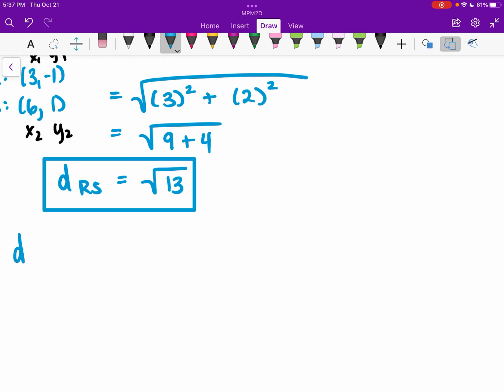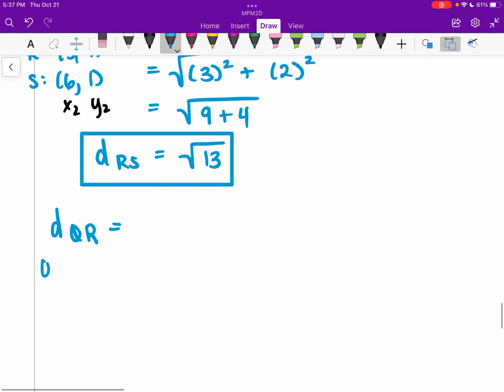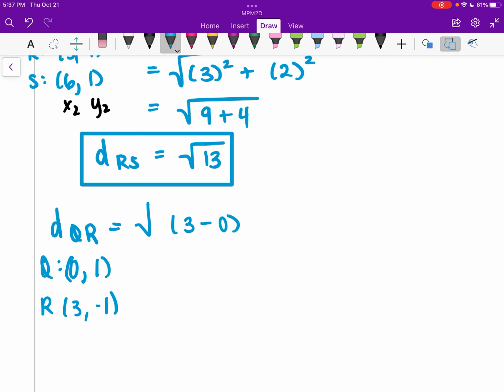So the distance between Q and R is going to be, let's find out what our Q value is, (0, 1). Our R value is (3, negative 1), right? Square root. Let's make the bottom one our x2. So 3 minus 0, then negative 1 minus 1 squared, right?